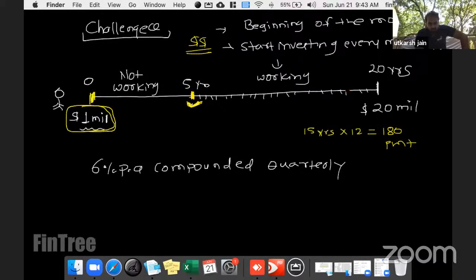But the first payment happens here, so clearly the last payment will happen 1 month before the end of the 20th year. The interest rate is 6% per annum, but it is compounded quarterly, whereas the payments are made monthly. The question that we want to ask ourselves is, what is the amount of monthly investment that needs to be made? How much does he need to invest every month?